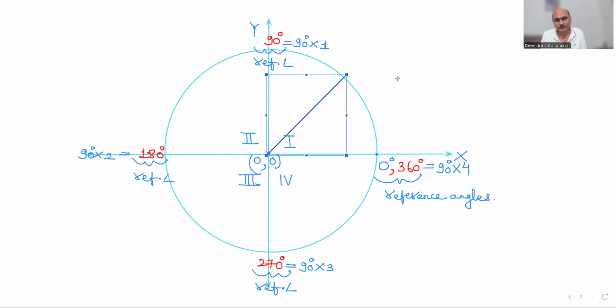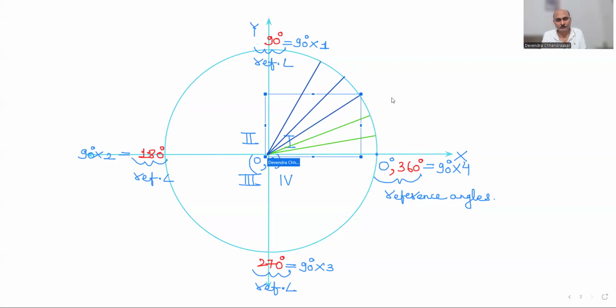For the first quadrant, what I am doing is just dividing the quadrant into angles of 15 degrees each.